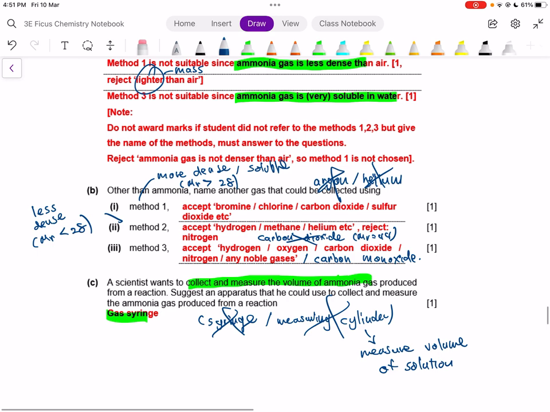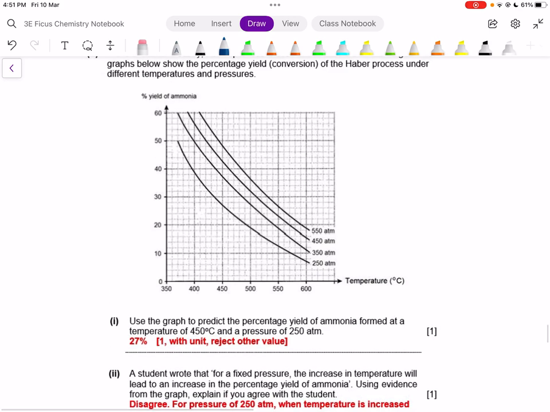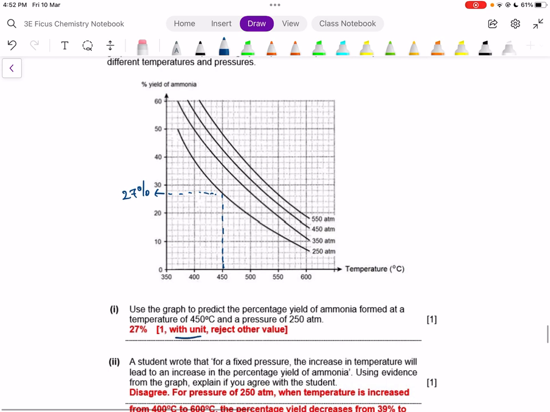Okay, and finally the last part of this section C question. The first one, majority got it: 450 degrees Celsius, 250 atm. So just read off this way. Make sure you put 27%, with units of course. Some of you put 27 with no units, I reject. Zero marks for this one.